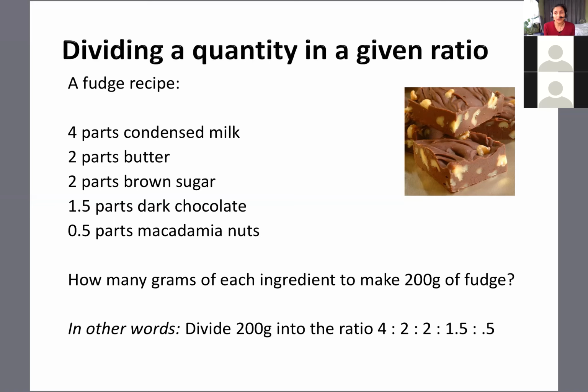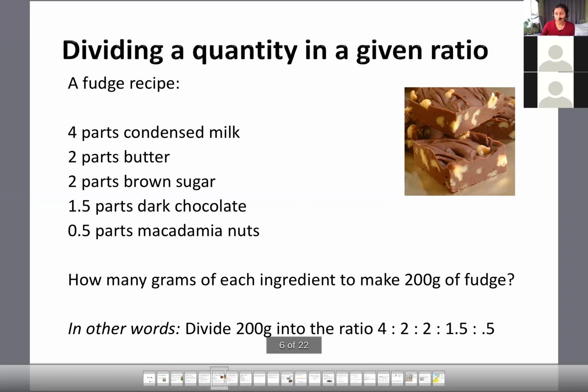So have a go, use a pen, piece of paper, and see if you can work out how much of each of the ingredients you need in order to make 200 grams of fudge. I'm going to pause the recording and give you a chance to do that. And then when you've got an answer, we'll discuss.